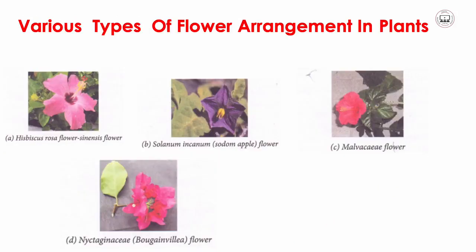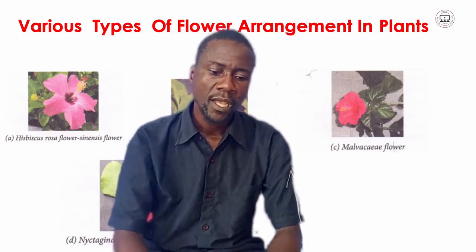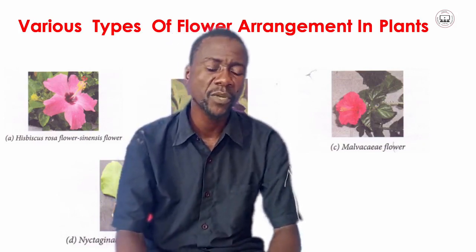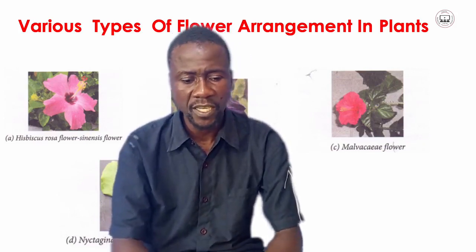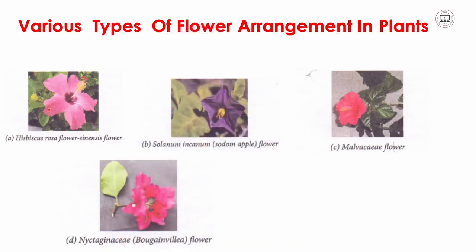Furthermore, upon discussing the types of leaf arrangement in plants, we can also discuss various types of flower arrangements in plants. Different plants have different kinds of flowers, and they look different.